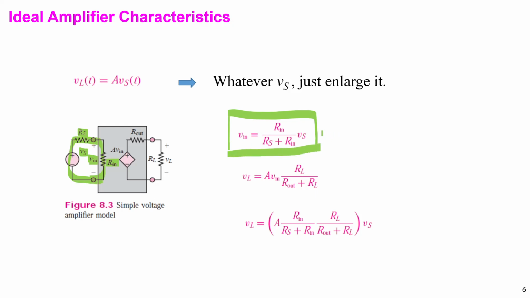This is the voltage divider equation to get V in. For VL, the output across RL, VL also can be obtained by the voltage divider of this loop. That will be AV in times RL divided by RL plus Rout here.